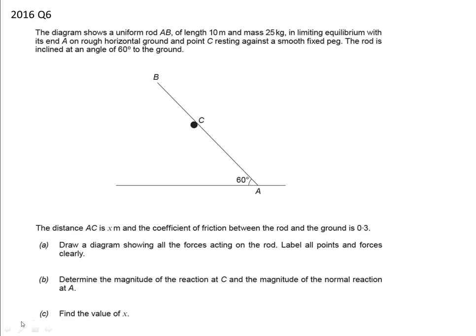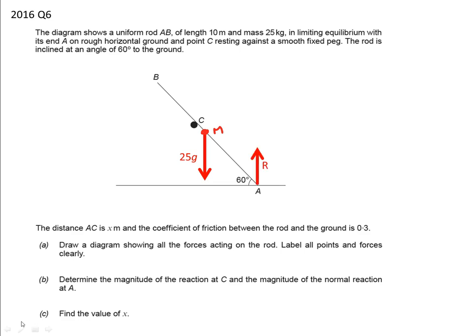We have to start by drawing a diagram showing all the forces acting on the rod and making it clear where these forces are acting. Okay, so the first thing is the rod has a mass of 25 kilograms, so its weight is 25g, and that acts at the midpoint M of the rod.